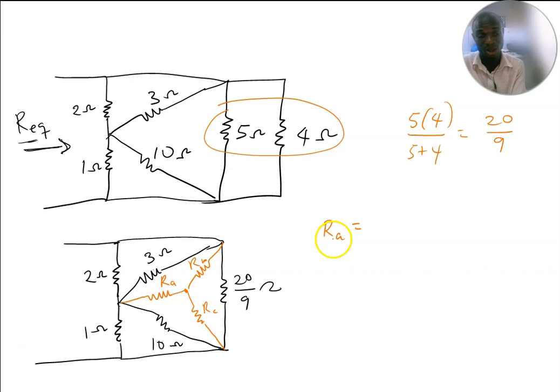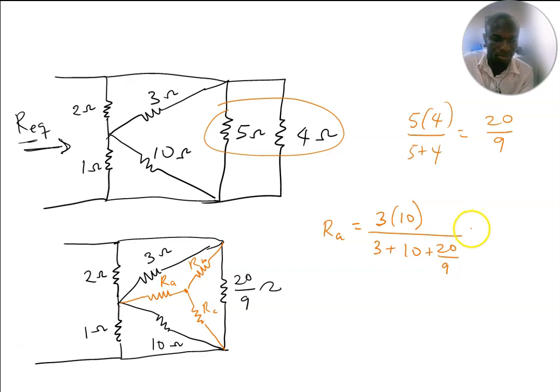This is where you are going to apply the formula. The product of the adjacent resistors, which are 3 times 10, all over the sum of the resistors, which are 3 plus 10 plus 20 on 9. You get it?